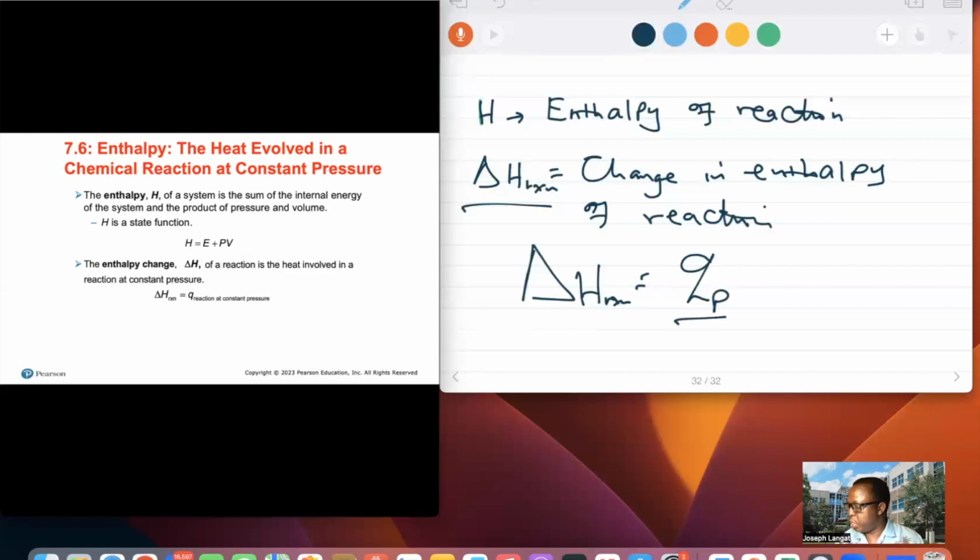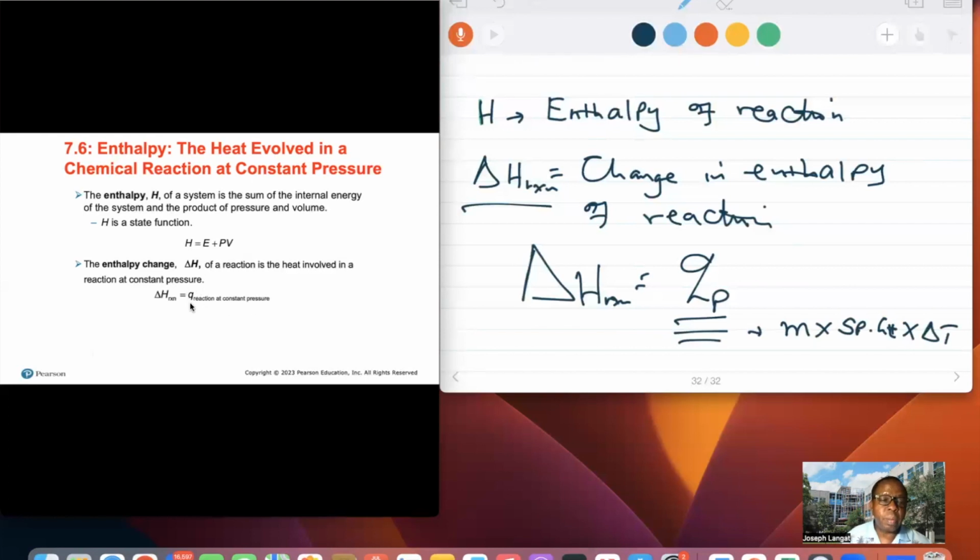So remember, this Q is the same as the heat of the reaction, which we calculate using mass times specific heat times change in temperature.